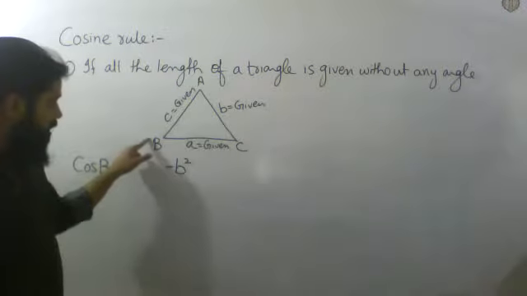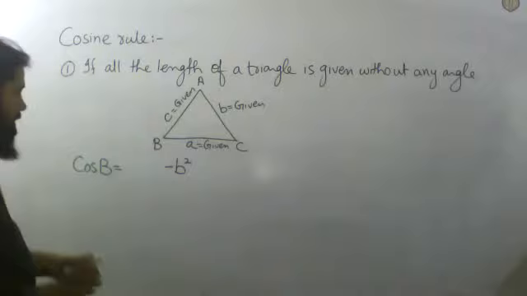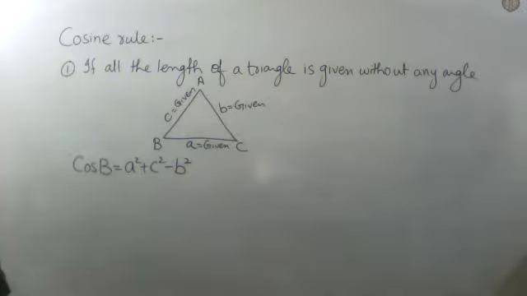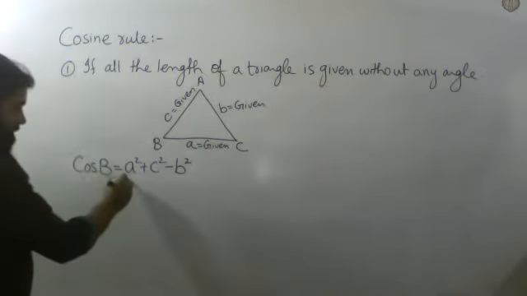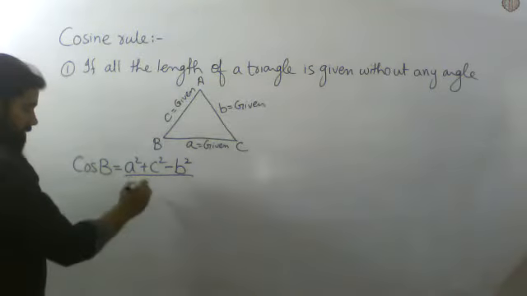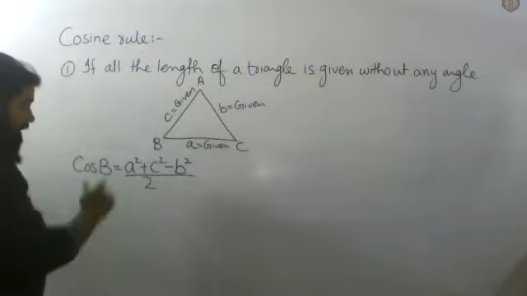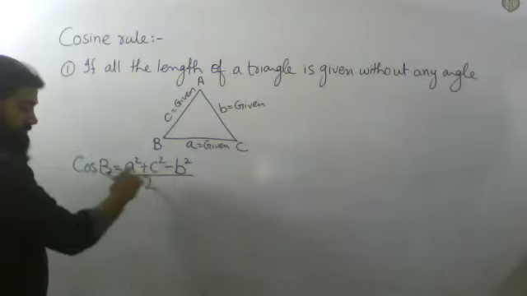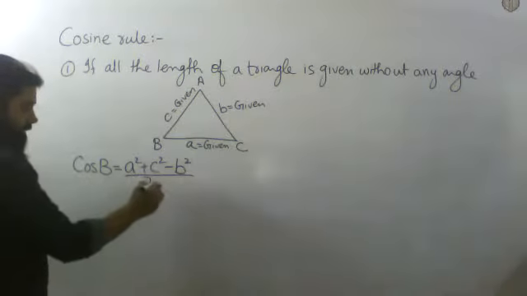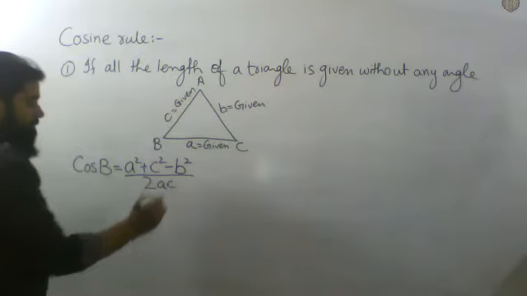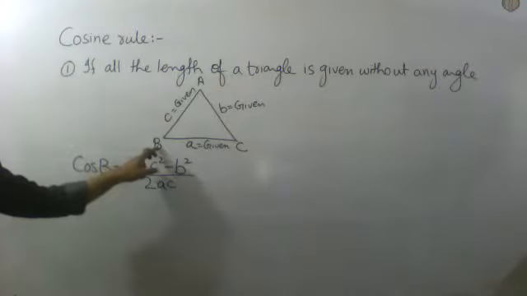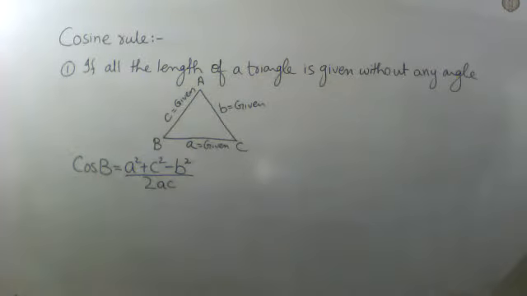Other two sides which are not opposite to B will be written in positive squaring. Once I have written it, upon divided by 2, from the numerator, the ones which are positive squaring, not the negative one, will be written in the product form without a square, and you will have your formula to find the value of B over here.